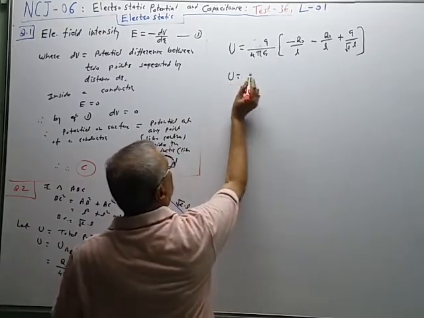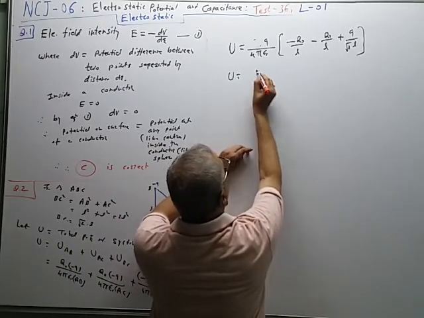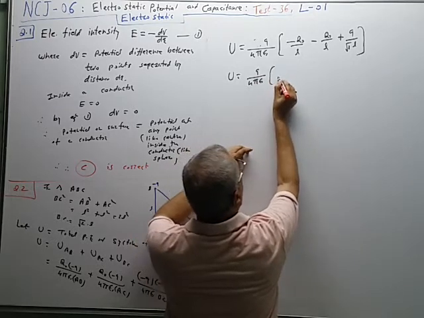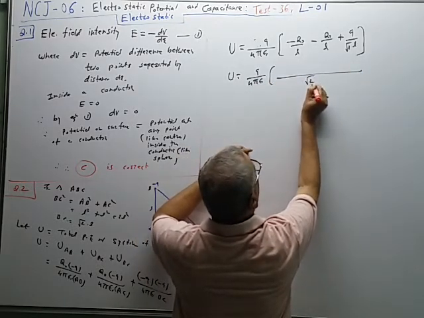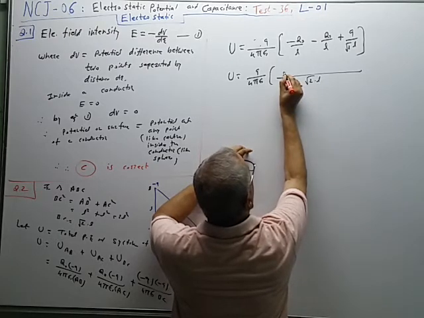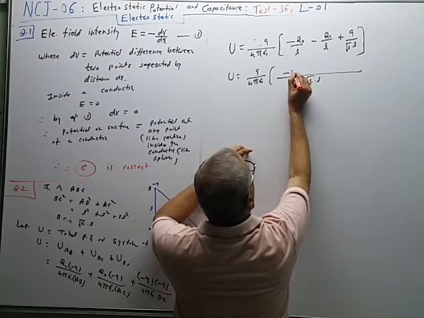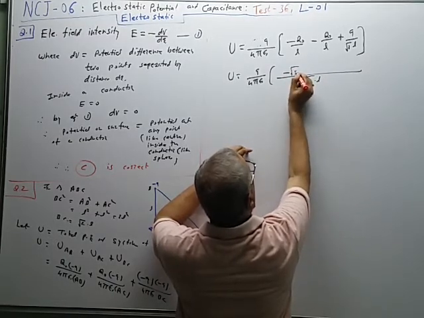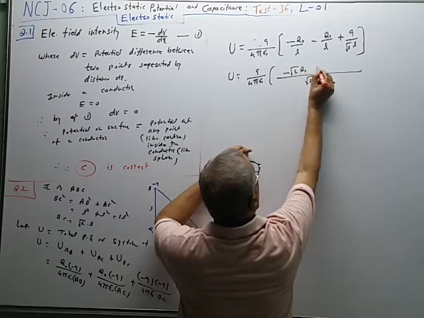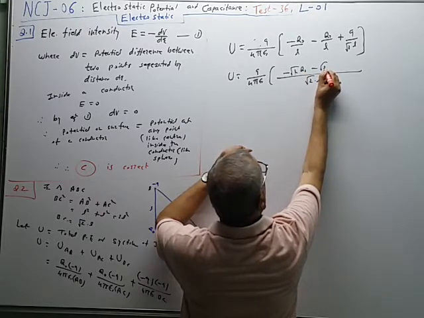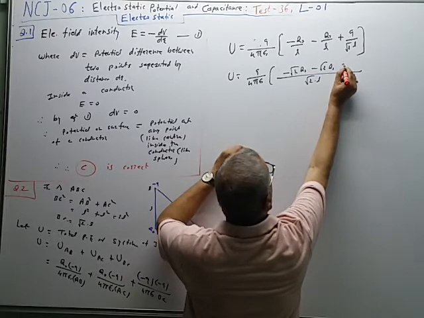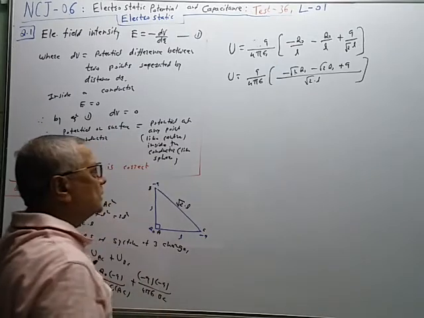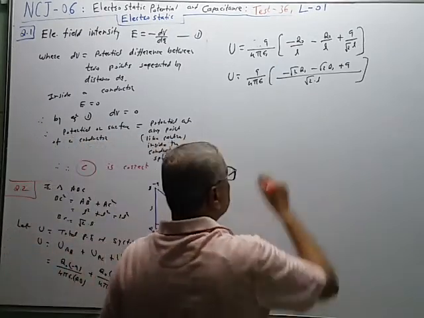So U is equal to Q upon 4 pi epsilon naught. Now if we take the LCM root 2 into L, then this is equal to minus 2 minus root 2 into Q0 minus root 2 into Q0, and this is only Q, like this. So this is equation 1.